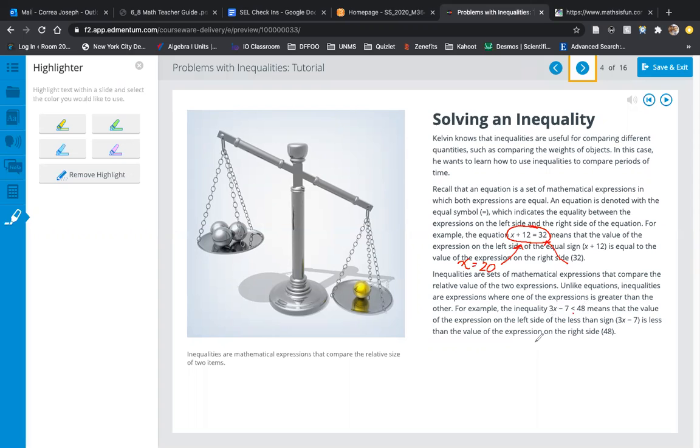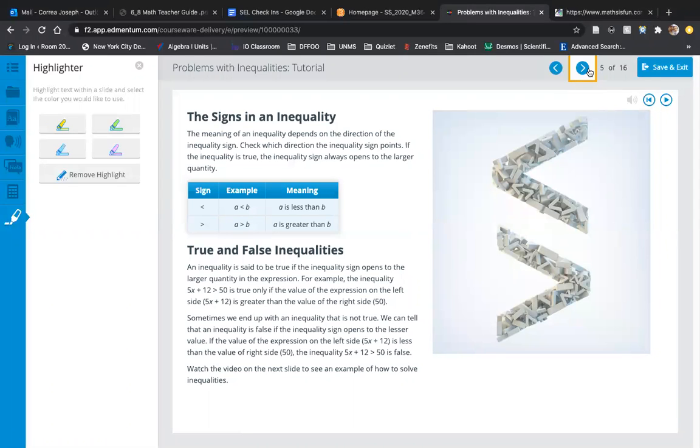So I would try to say, what value of x makes it so that when I multiply it by 3 and subtract 7, I get a number that is smaller than 48. We're going to discuss how we do that today. We're actually not solving them today, but we're going to be doing exactly the same thing we did yesterday, which is substituting in values to see when they work and when they don't, right?